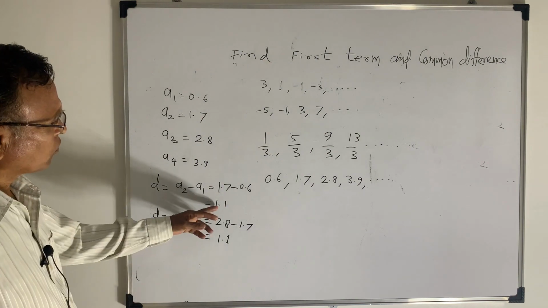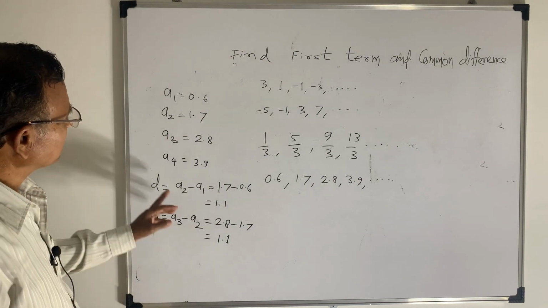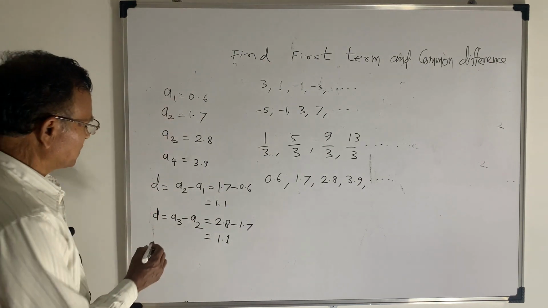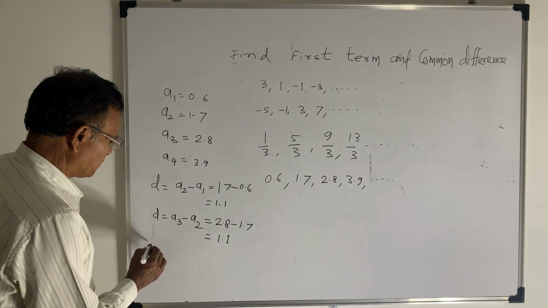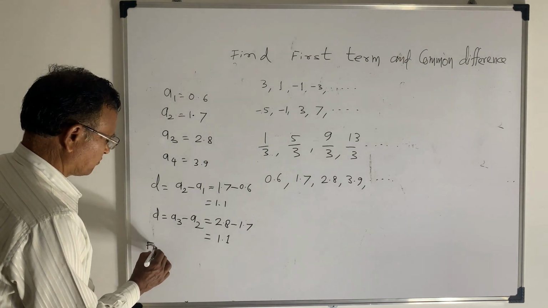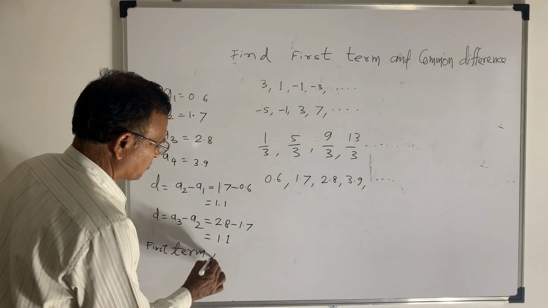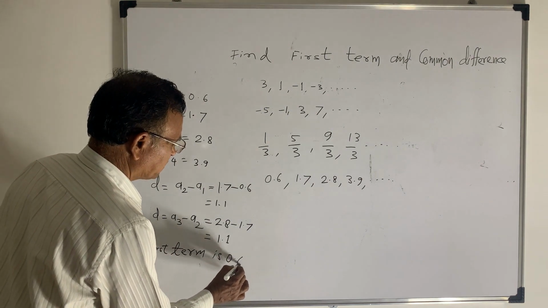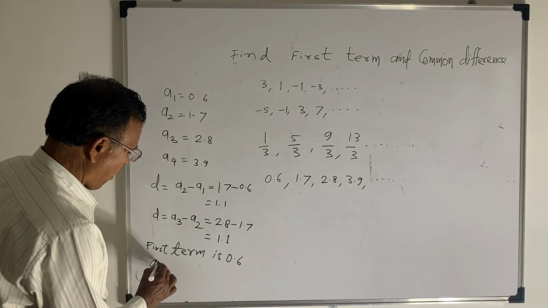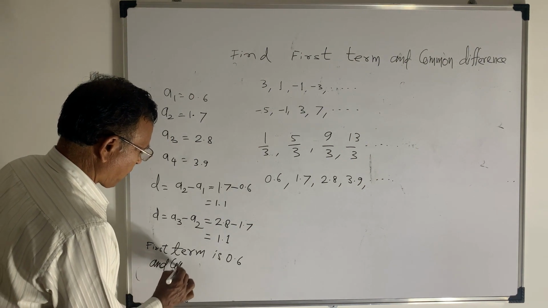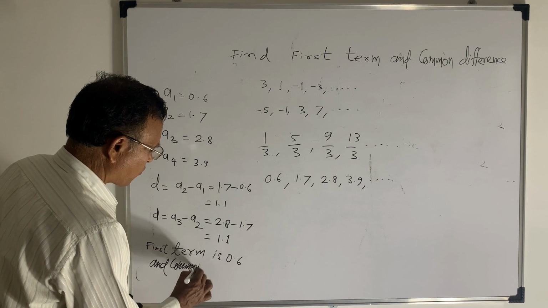So here common difference is 1.1 and first term is 0.6. First term is 0.6 and common difference is 1.1.